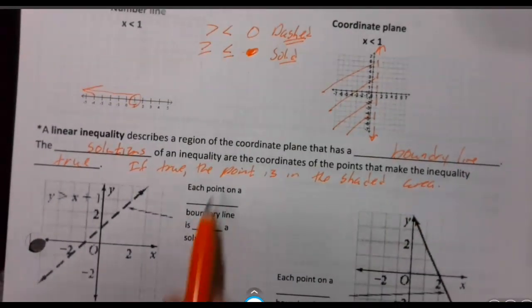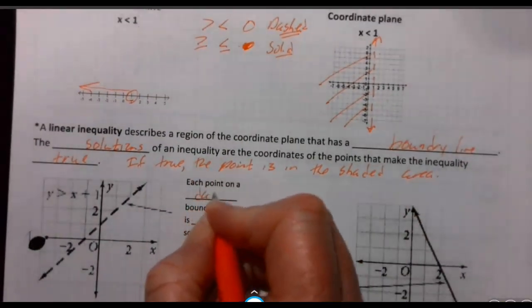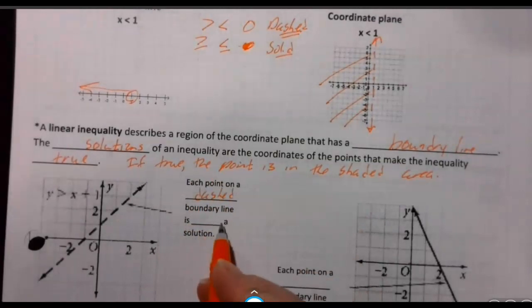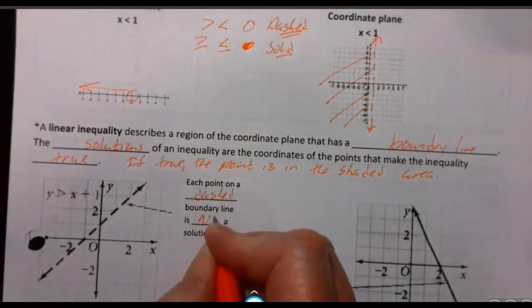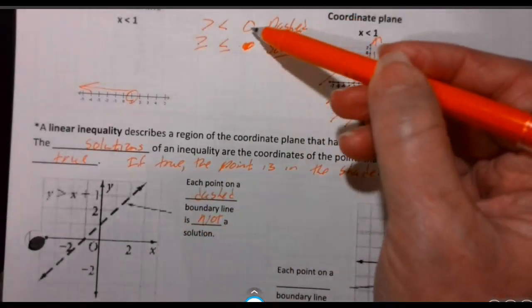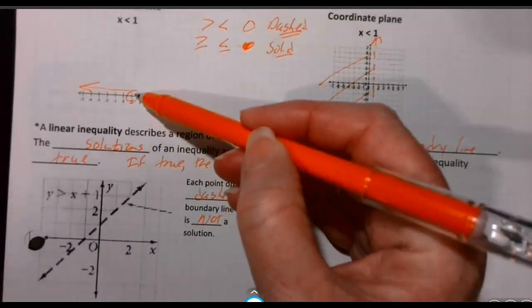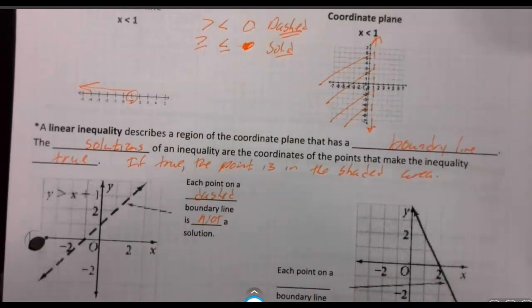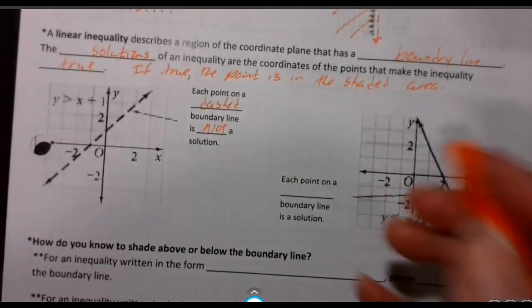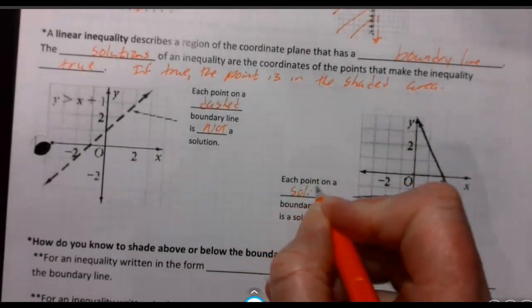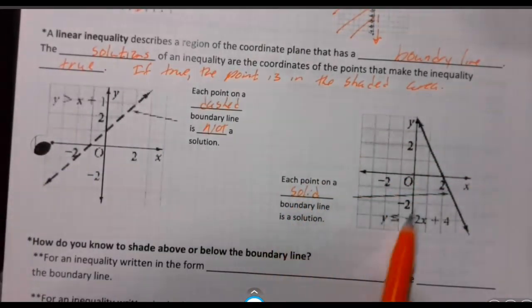Each point on a dashed boundary line is not a solution. Just like when we had an open circle, it's not part of the solution, so 1 is not part of the solution. So it's an open circle. Well, now it's going to be a dashed line. And each point on a solid boundary line is a solution.